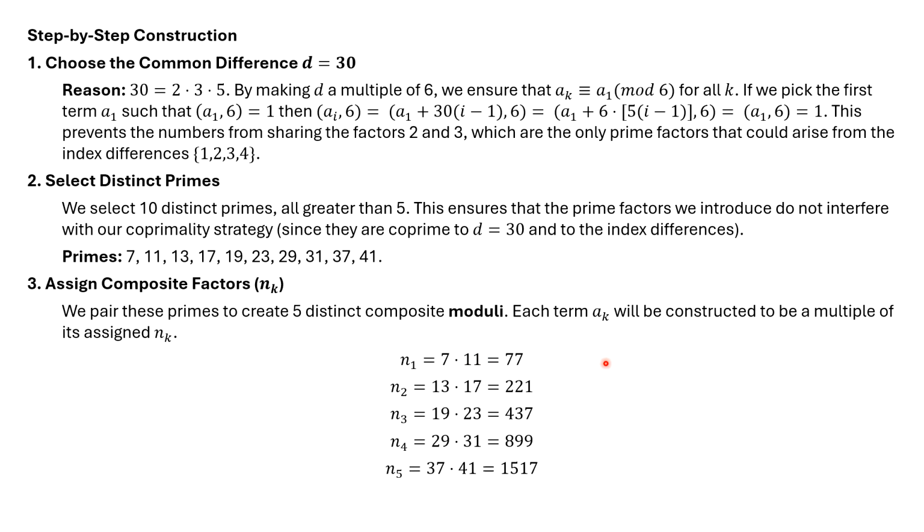This will become clearer on the next slide, but we're setting up the Chinese remainder theorem. Then we're going to solve that, and that'll give us our x. So n sub 1 is just the product of the first two, n sub 2 is the product of the second two, and so on. This is just setting up the equations in the Chinese remainder theorem. We'll see what that looks like on the next slide.